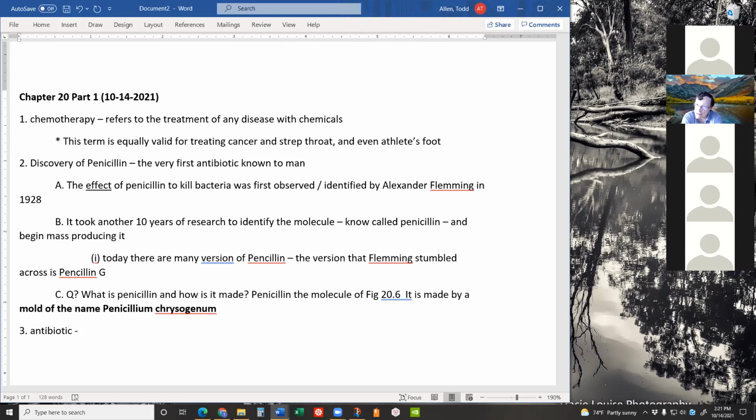So against life. That's literally what this phrase means, against life. And in a bit more formal way, an antibiotic is a chemical manufactured by one microorganism to kill or inhibit the growth of a second different kind of microorganism.